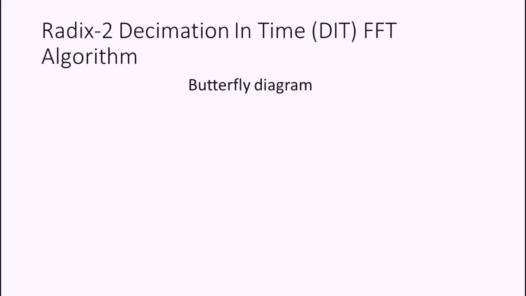Now we study the butterfly diagram. First we take g[k] and h[k]. g[k] is added directly and h[k] is multiplied by W_N^k, and the result is X[k].